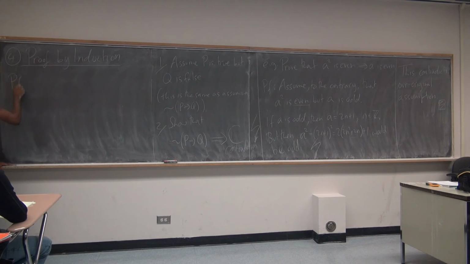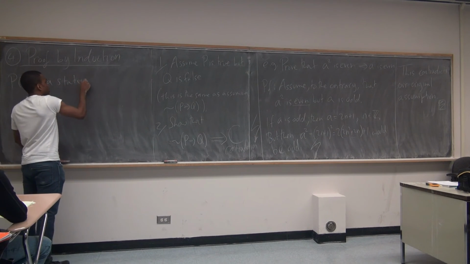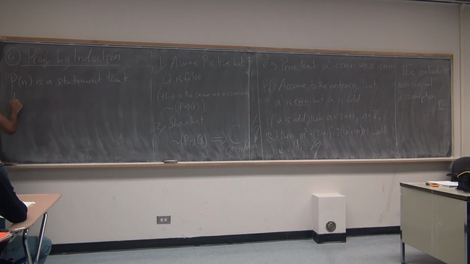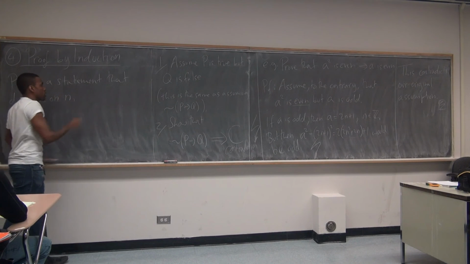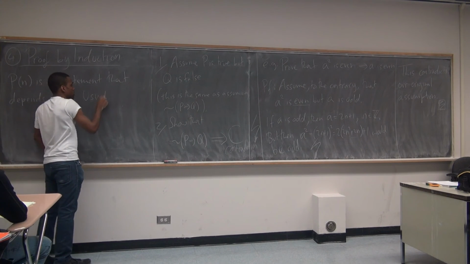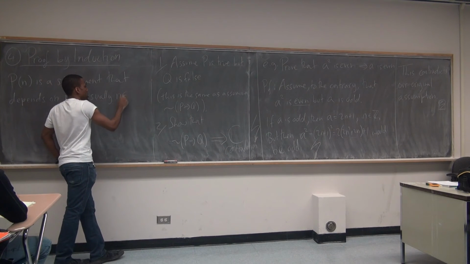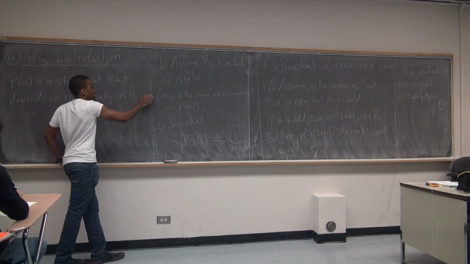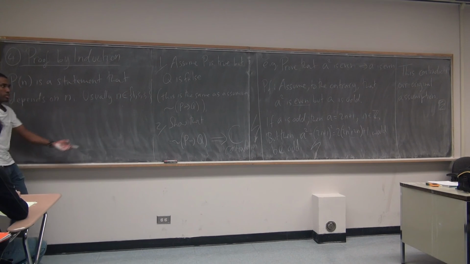So P(n) is a statement that depends on n. Usually, n is an element of the set of positive integers, 1, 2, 3, and so on. Right? But sometimes they start from 0, but whatever, it will apply here.